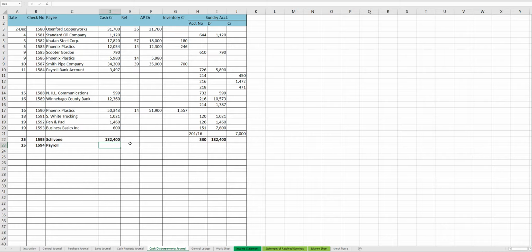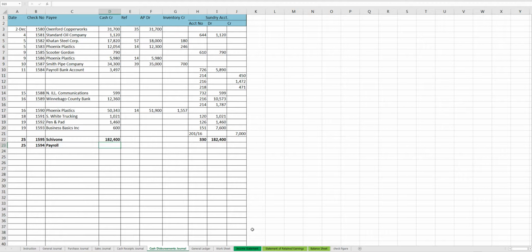So better to write out the journal entry. Basically, we're going to debit the payroll, salary and wage expense, right? Debit salary and wage expense. We're going to credit cash. We're going to credit other withholding.